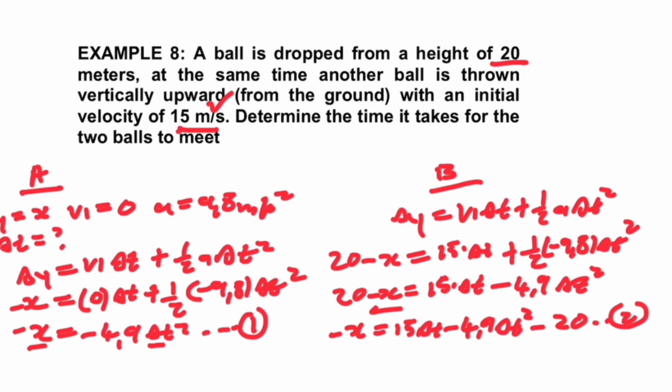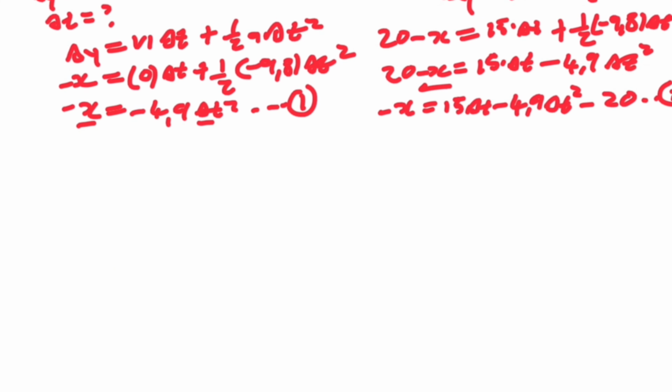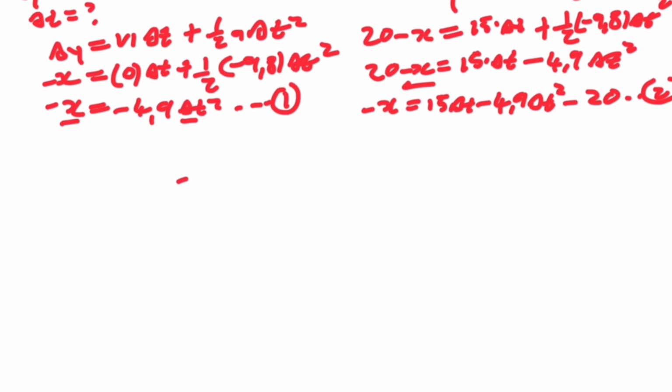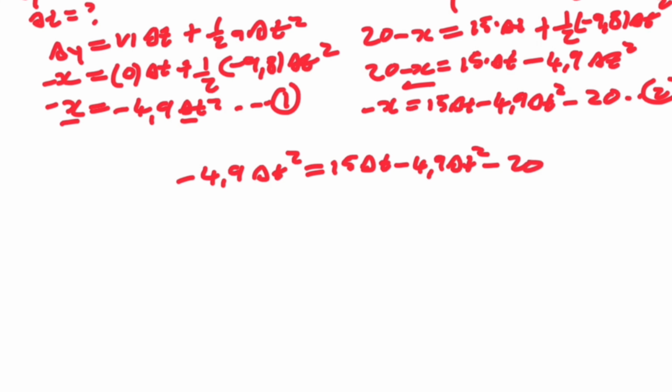We can go ahead and equate these two equations, right? If we do that, we're going to have minus 4.9 delta t squared being equal to 15 delta t minus 4.9 delta t squared minus 20.